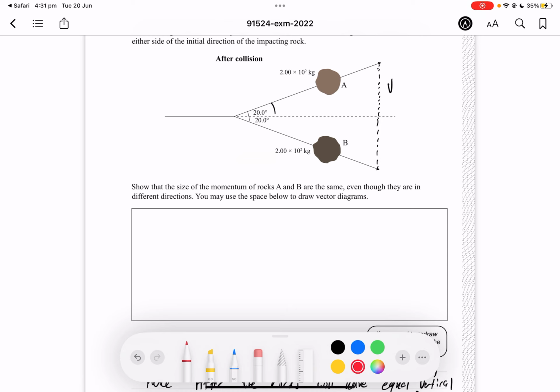Or you can just say the same angle to the horizontal, and we know that the initial momentum component is the same for both of those vectors, so therefore it's the same. You can also use that to justify.